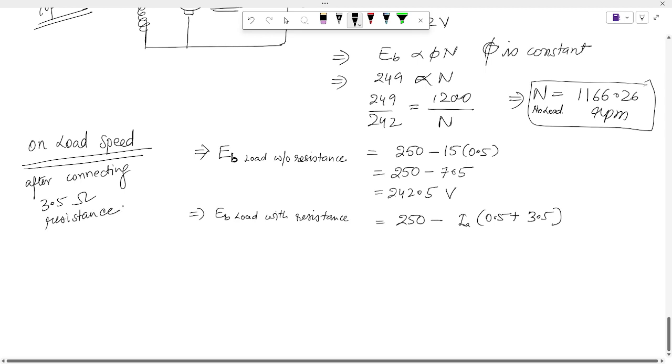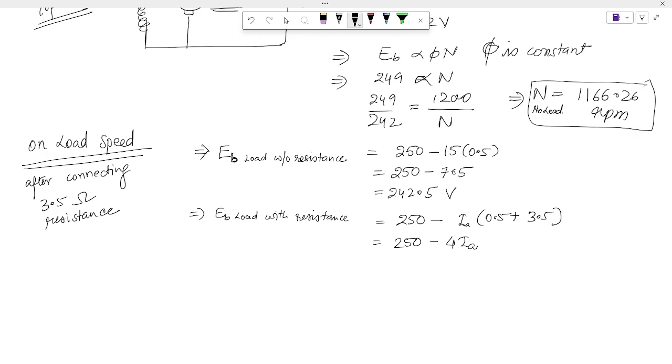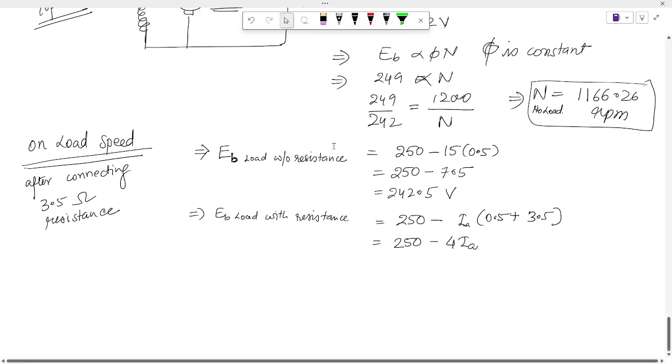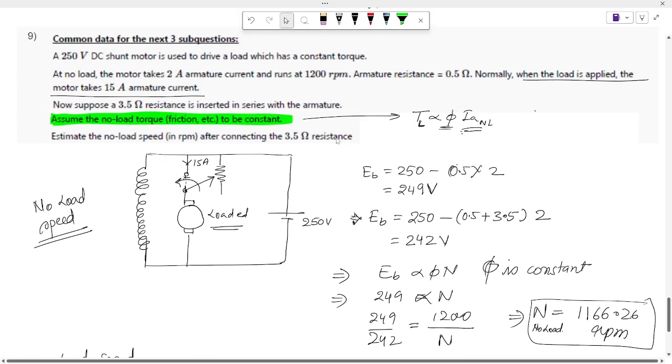How will you do it? This will become 250 minus 4 Ia. Tell me, what will you do? 190.